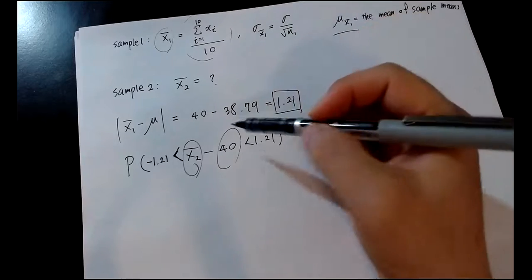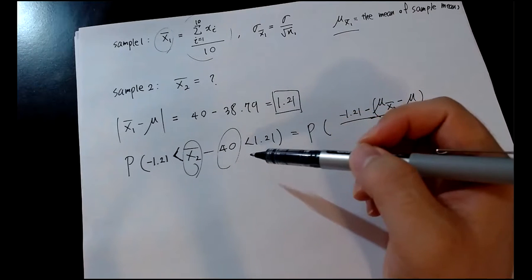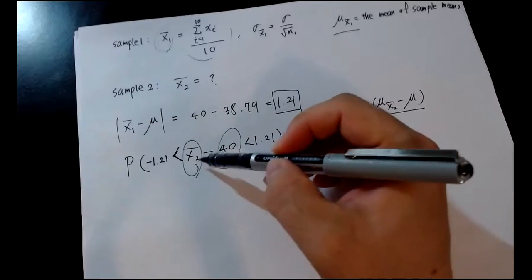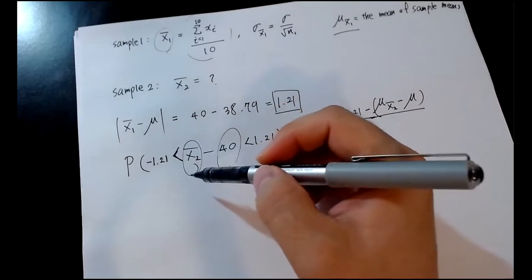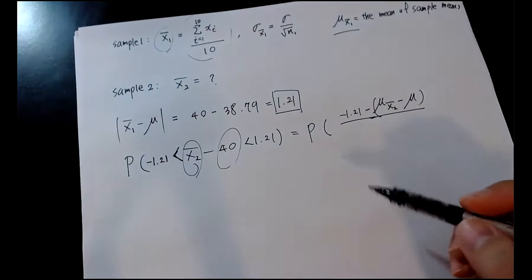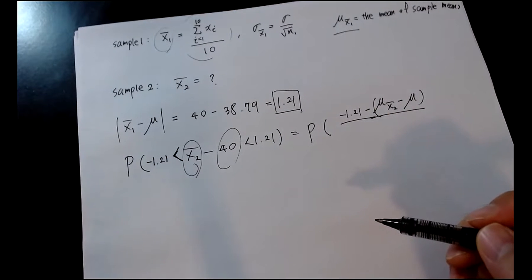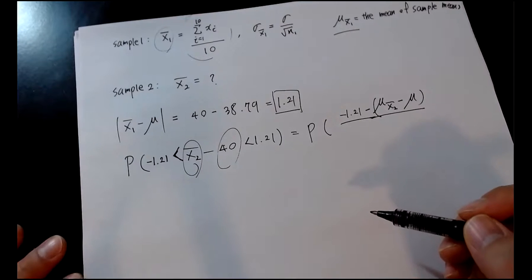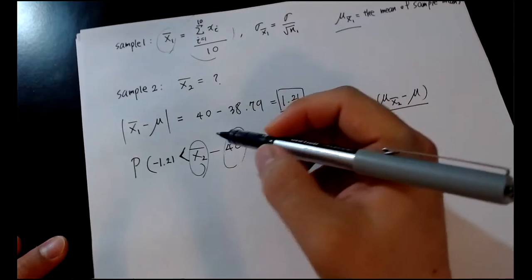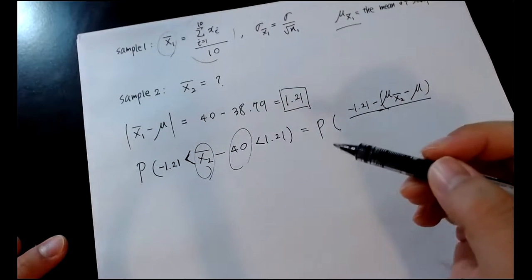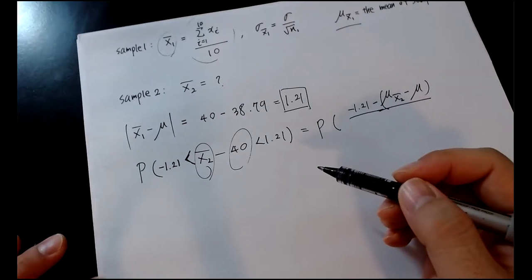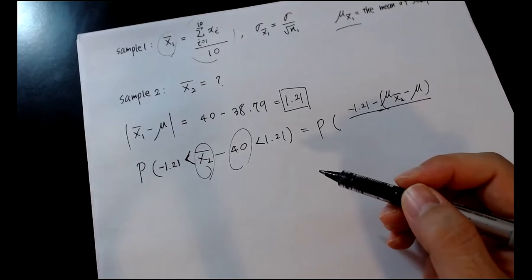Yeah, by CLT, x2 bar minus 40. The sample mean x2 bar is normally distributed, right? Because the sample size of the second sample is 70. Using that fact, the sample mean is approximately normally distributed.